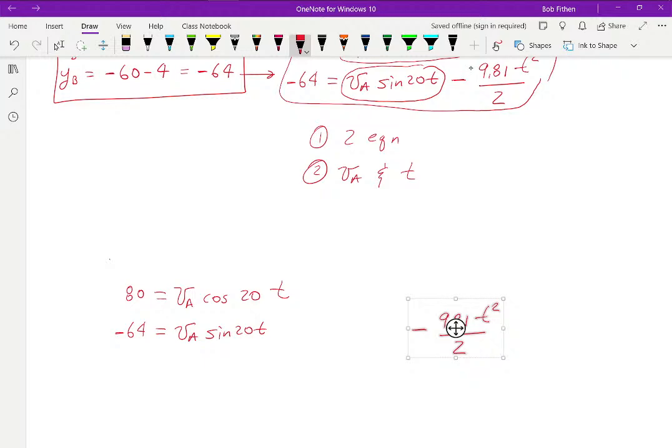The other thing I should do, well, let's do this, cosine 20. Now what I'm going to do, there are many ways to do this. Now I'll multiply this times cosine 20. Wait a minute.